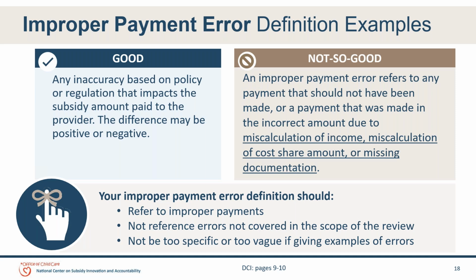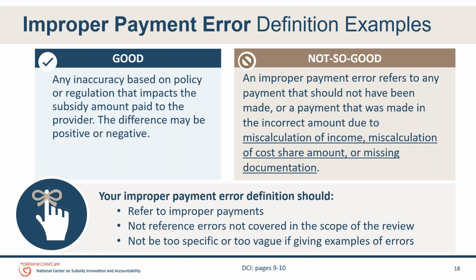For example, taking a look at the definition on the right, an improper payment error refers to any payment that should not have been made, or a payment that was made in the incorrect amount due to miscalculation of income, miscalculation of cost share amount, or missing documentation.